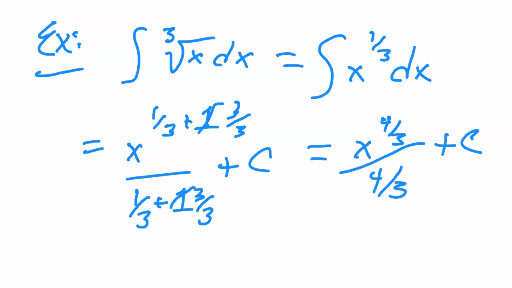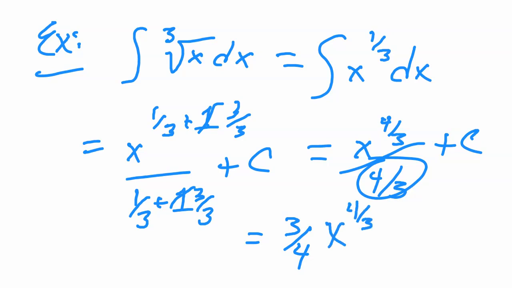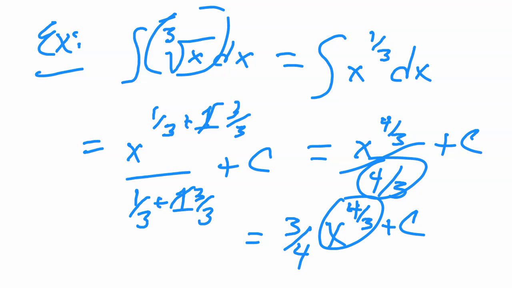And of course, that's not a good math way to write your answer. So when you divide by 4/3, that's the same as multiplying by 3/4. So this is going to be 3/4 x to the 4/3, and then plus c. And of course, what did we have? We had a root first. So what the book might do, the denominator is the root and the numerator is the exponent.